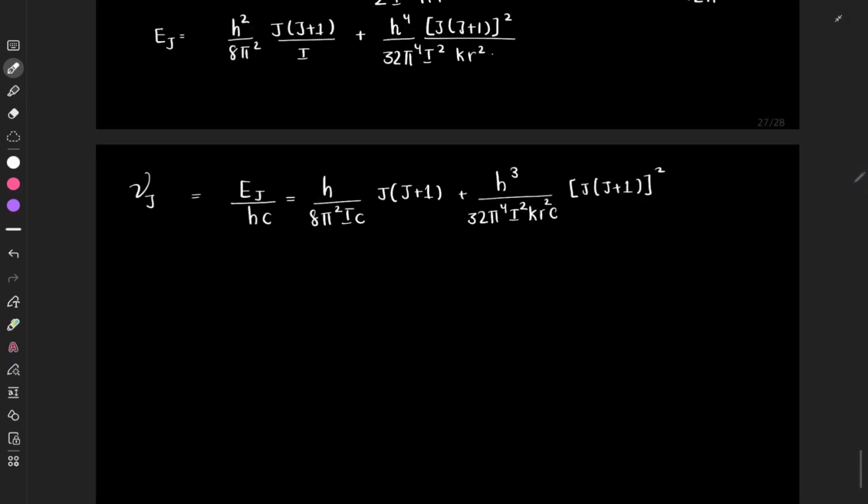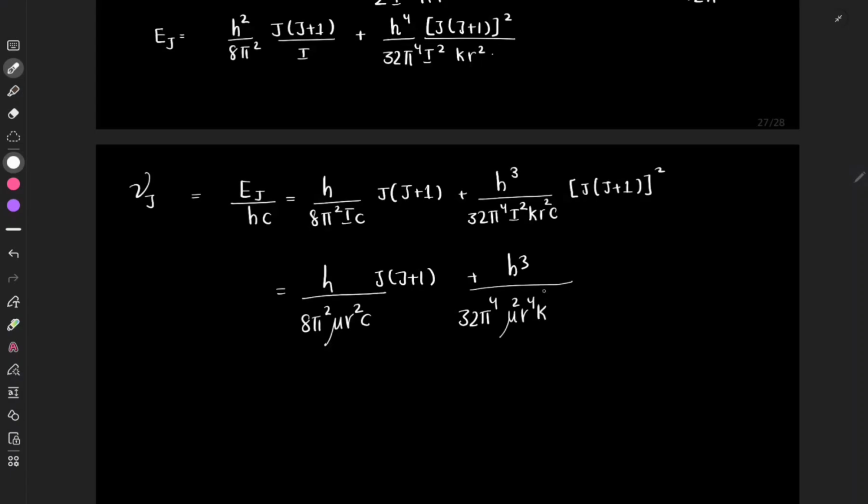So I can resubstitute the value of I, which is mu r square. So h by 8 pi square mu r square c, j into j plus 1, plus h cube by 32 pi raised to 4 mu square r raised to 6 (because there's a square here) k c, j into j plus 1 the whole square.